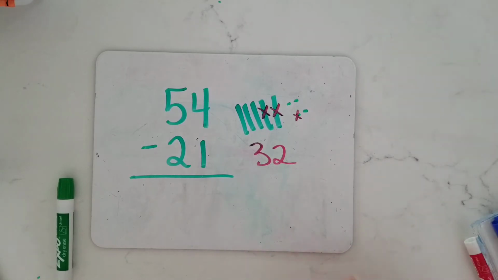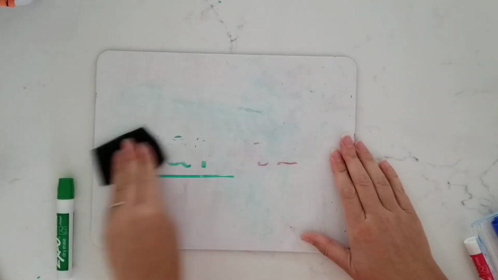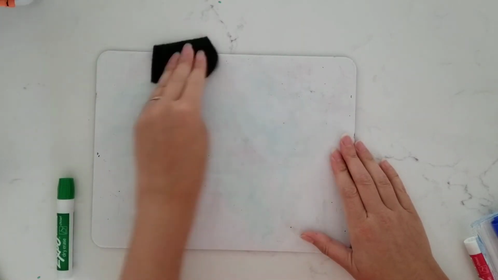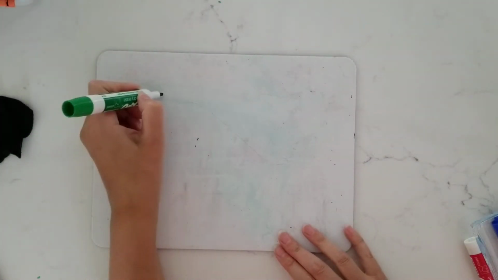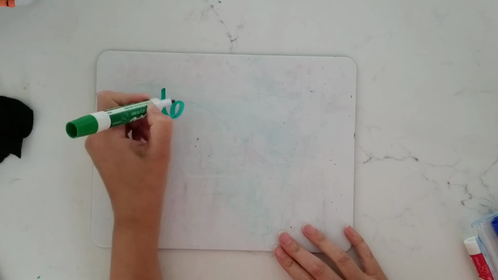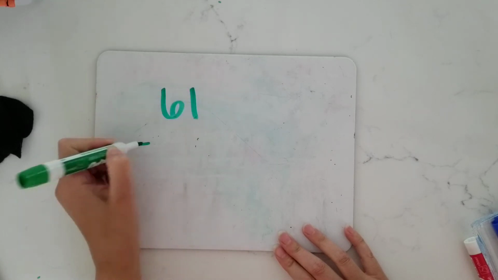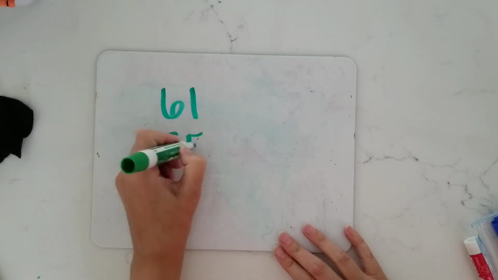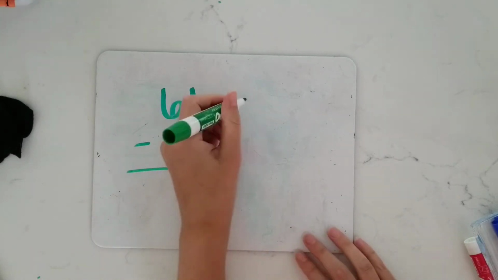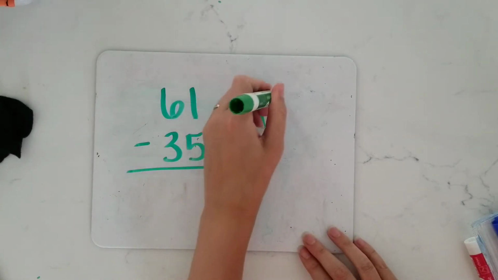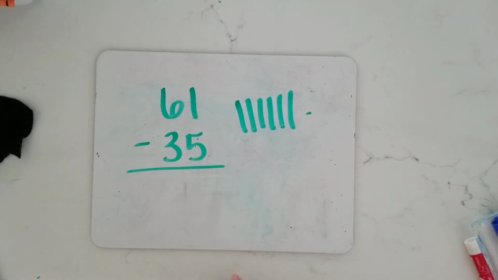Okay. All right. So let's try one that's a little bit harder, where my number at the bottom has a larger ones. So let's try 61 minus 35. Okay. So now I'm going to draw my 61, 10, 20, 30, 40, 50, 61.